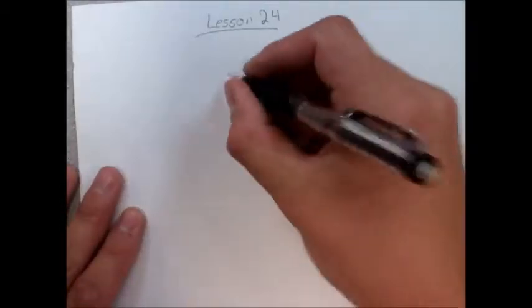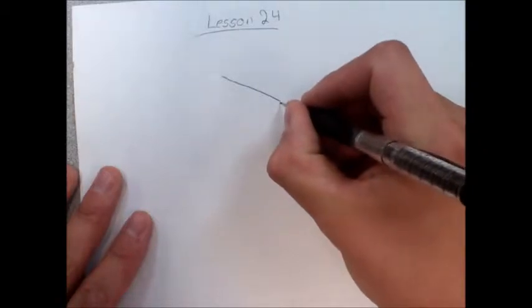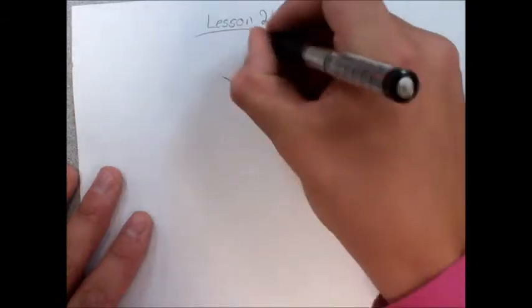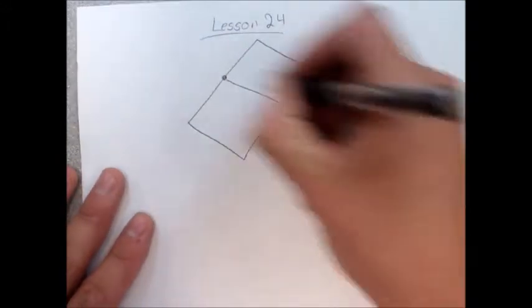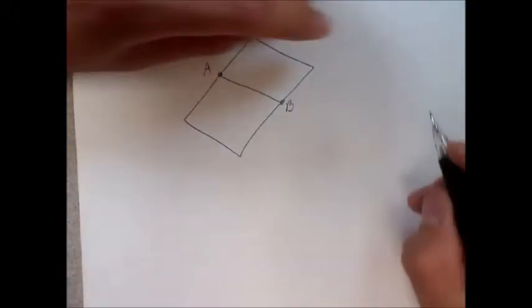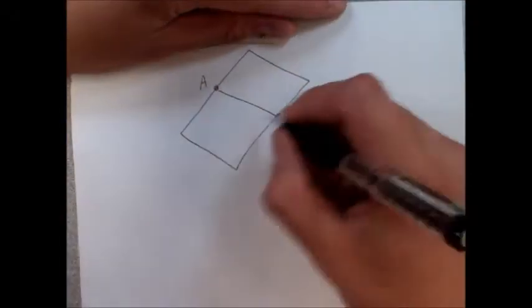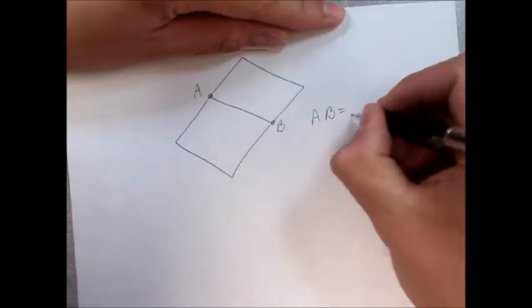So on reflexive property, we'll see a drawing of a picture that looks like this, and it has this side length. Say it's AB. So sometimes we say AB is equal to AB, and why we would say that is to prove that something is congruent.